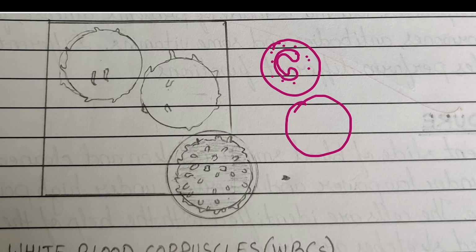Basophils, the nucleus is large but it is indistinctly lobed with granules. Then neutrophils, the nucleus mostly of 3 to 4 lobed.